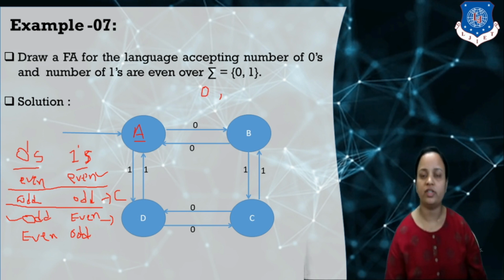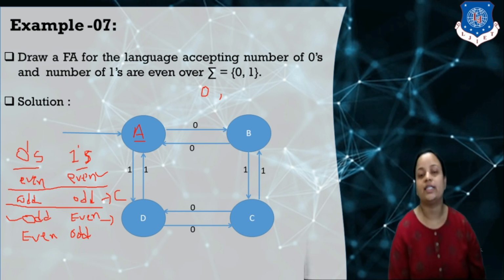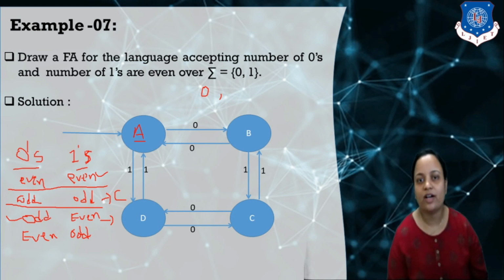Is it allowed? Yes, because the count of ones may be 0, which is even, and the number of zeros is odd. So this is a valid string containing an odd number of zeros and an even number of ones.